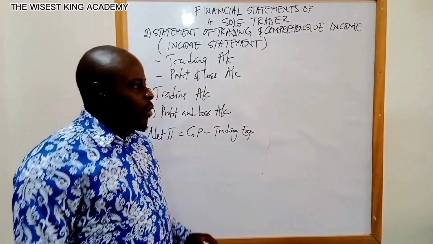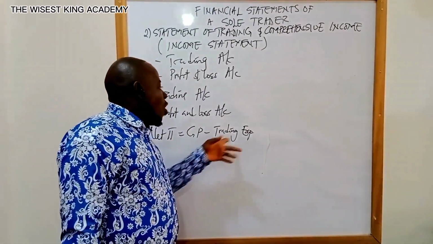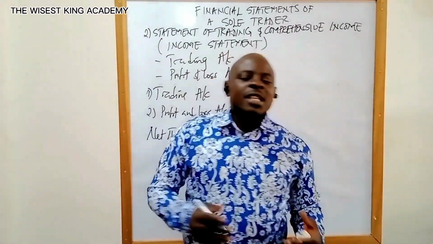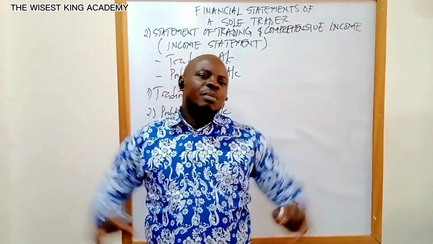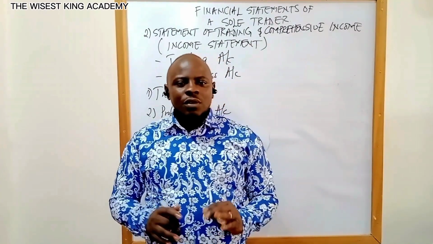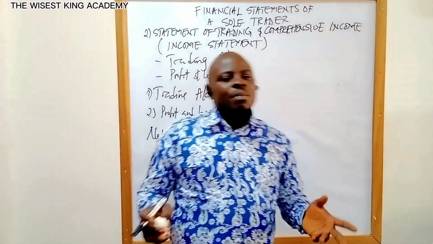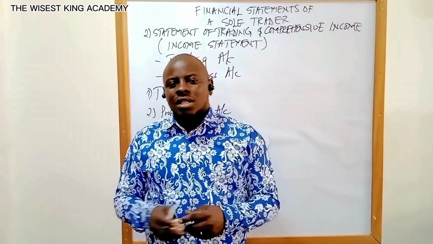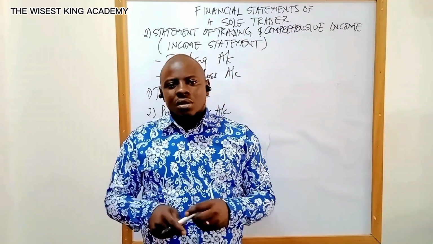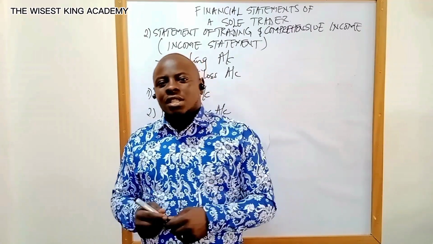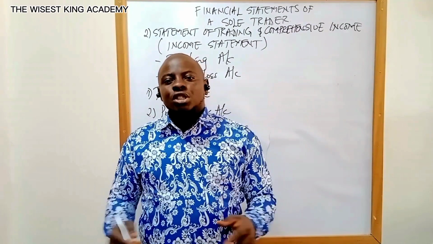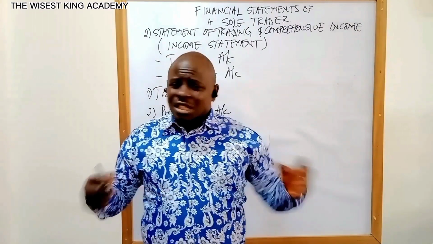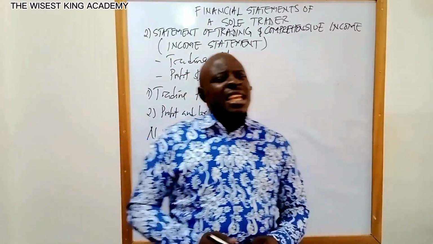Now, note, let me first of all start. What are trading expenses? Or what are expenses in general? Expenses are the charges incurred for the smooth functioning of a business. For example, we have wages and salaries, rent and rates, carriage outwards, discounts allowed, advertising, postage and stationery, insurance, commission, general expenses, maintenance, etc., lighting and heating.